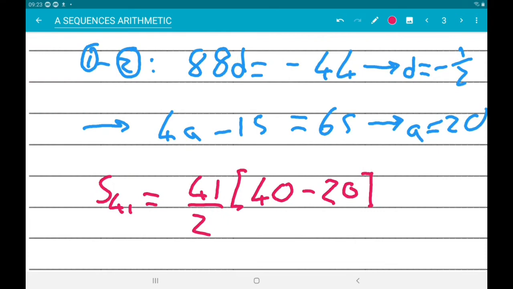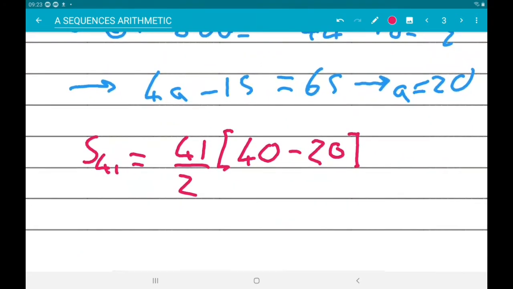Alright, so there we have 20.5 times 20. And that is 410.